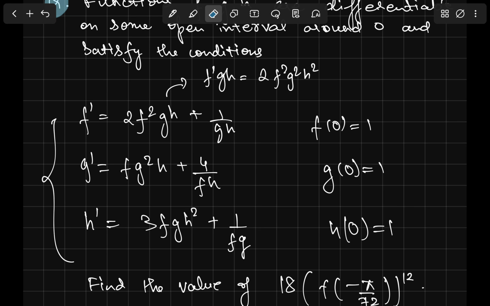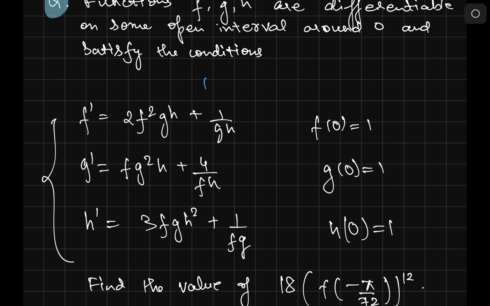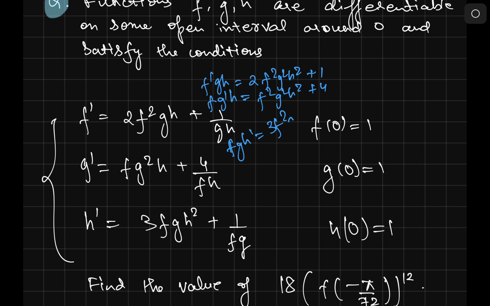So f dash gh is equal to 2f square g square h square plus 1, and similarly f g dash h is equal to f square g square h square plus 4, and the final term f g h dash is 3f square g square h square plus 1.